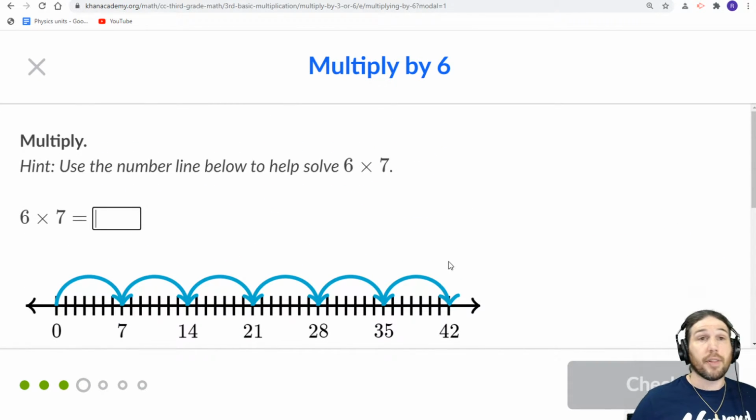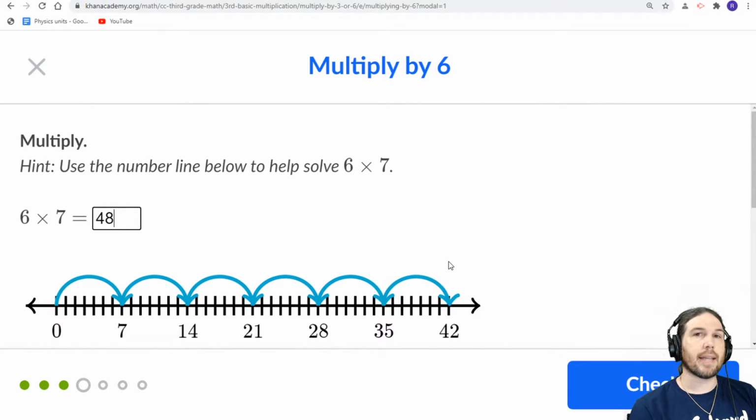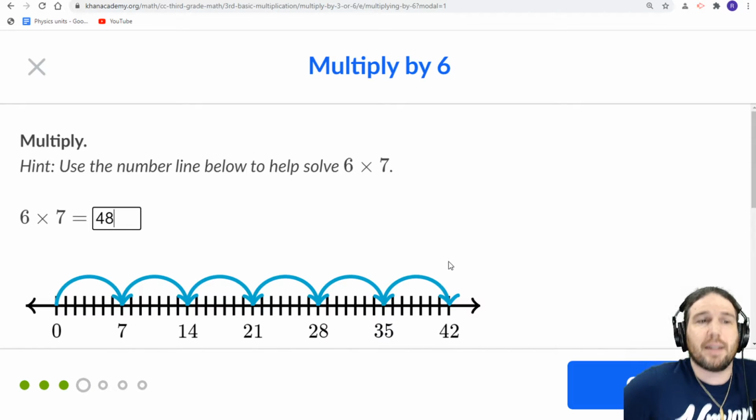6 times 7, now this is one that a lot of folks get wrong. I see a lot of 48 here. And I don't know why. It's something in our collective mathematical subconscious. For some reason, 7 times 6, a lot of people have a hard time with that.